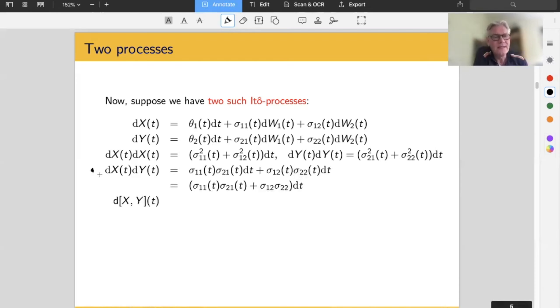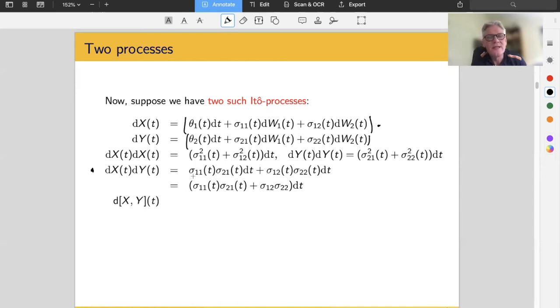Here, dX(t) dY(t), we multiply the first one with the second one in our computational rules. And we see dt terms that will disappear, cross terms that will disappear. We see these terms, the multiplication gives us a dt.